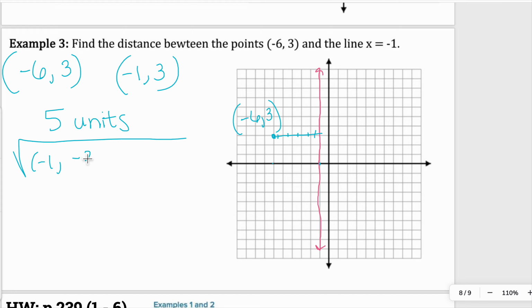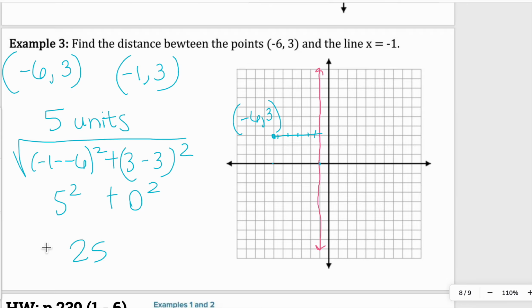Negative 1 minus negative 6 squared plus 3 minus 3 squared. That's going to give me 5 squared and 0 squared, or 25, which still gives me 5. Okay, so when you have horizontal and vertical lines, those are a little bit easier to find the distance from, just because it's easy to find the perpendicular lines to that.